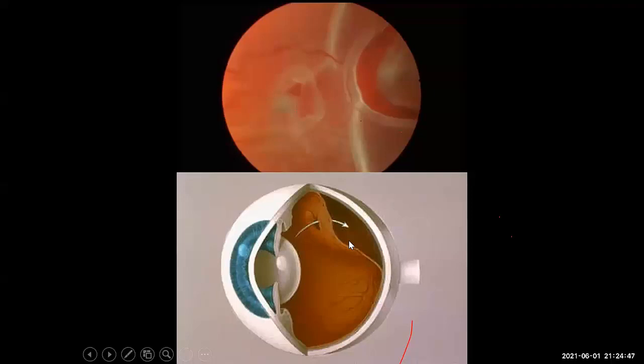So what we do in surgery is that we just relieve the vitreous traction, or do an external buckle, and then we just drain this fluid out and then seal the tear. That is what we do surgically. It's quite rewarding if you do them very early, and then they can have their vision back.